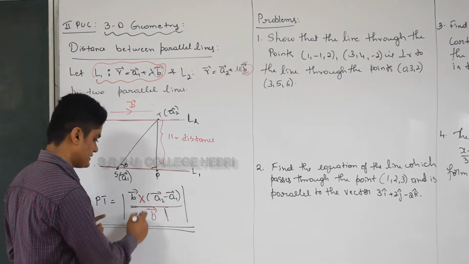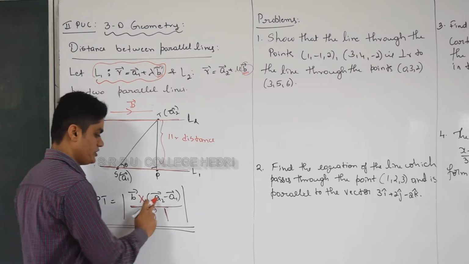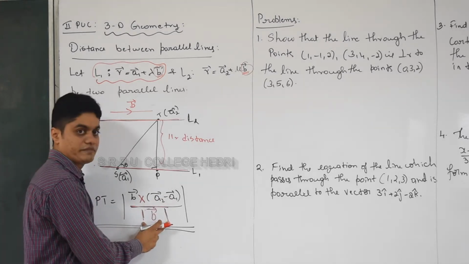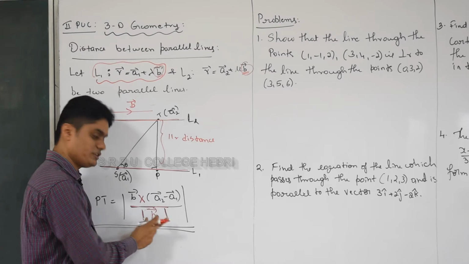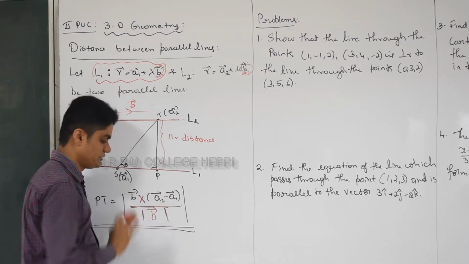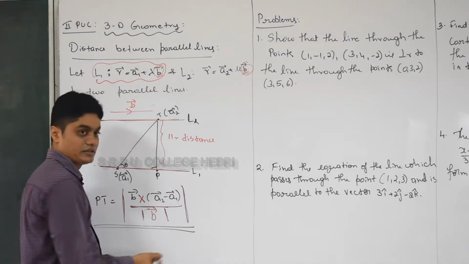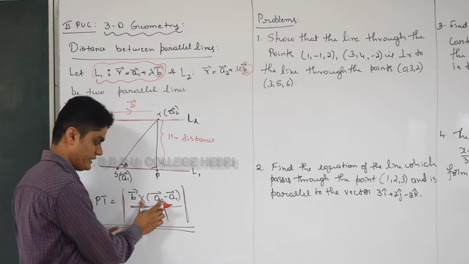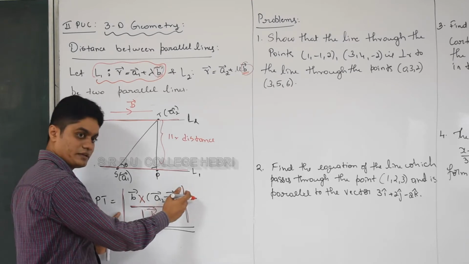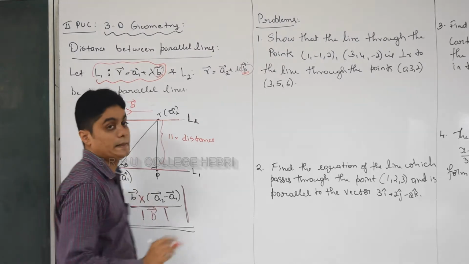In the exam they don't ask for the derivation, so no need, you just remember this formula: vector b cross (a2 minus a1) divided by the magnitude of vector b. There it was b1 cross b2, here it is just b. Just compare and understand the difference between that formula and this one. Outside you take the magnitude of the determinant. You get a vector, find its magnitude, then divide by the magnitude of vector b, and you will get the distance between the two parallel lines.